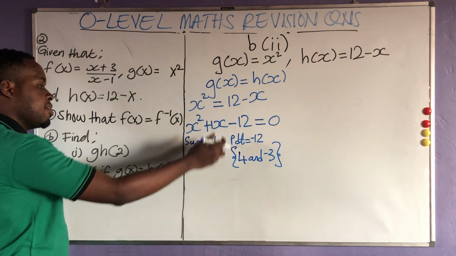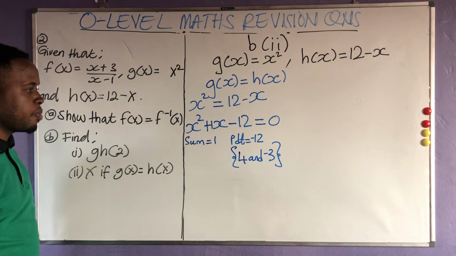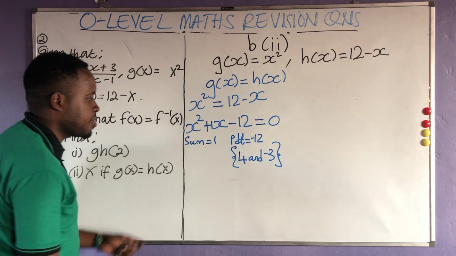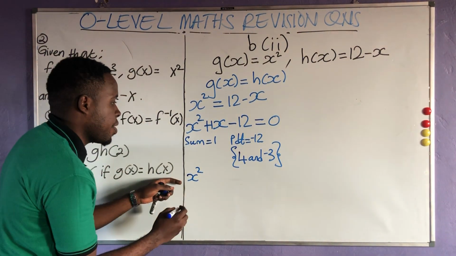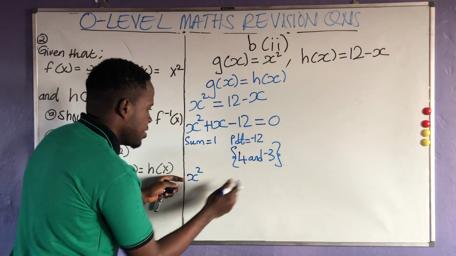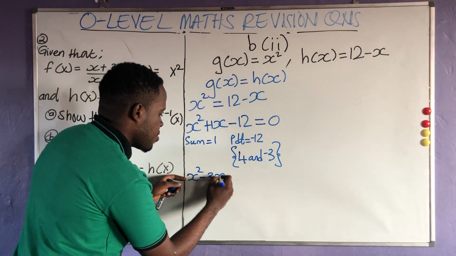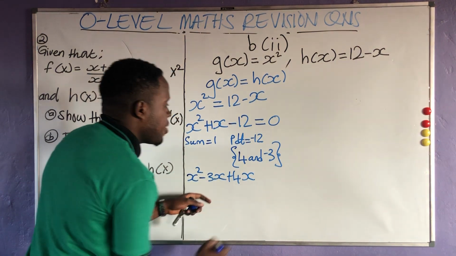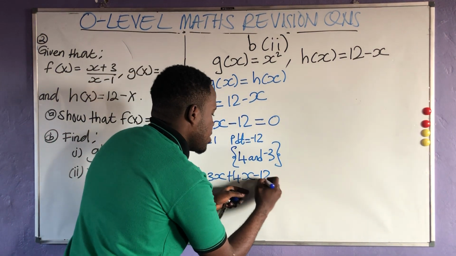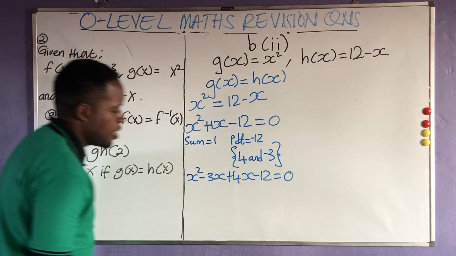So we shall replace them where we have x, and we try to factorize this quadratic. We shall end up having x squared, then minus 3x, then plus 4x, then minus 12 equal to 0.